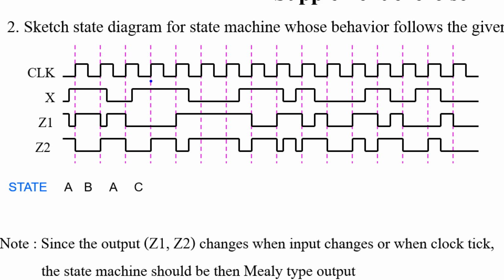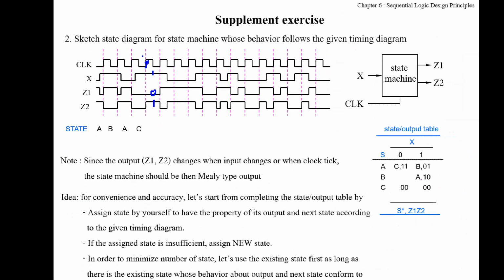At state C, when clock tick, go to the state that when x is 1, output is 0, 1. It may be state A, right? So you can write A here. And also you can fill the next state of state C when x is 1. X is 1, go to state A.